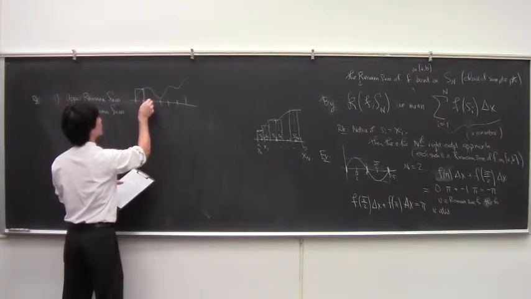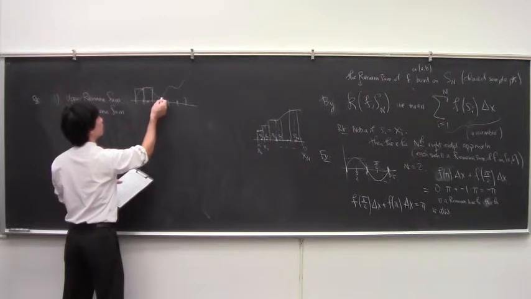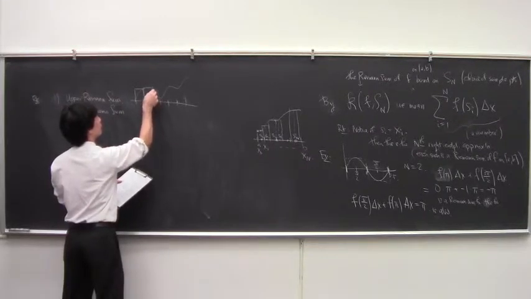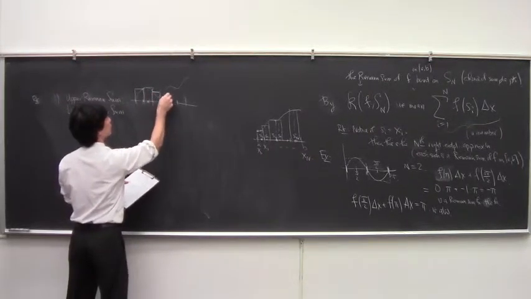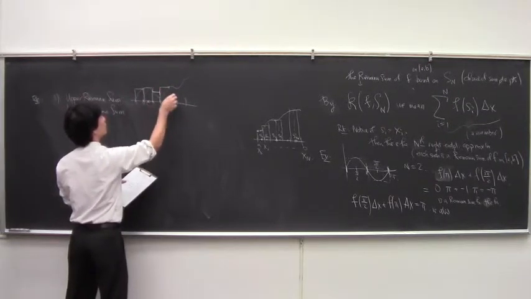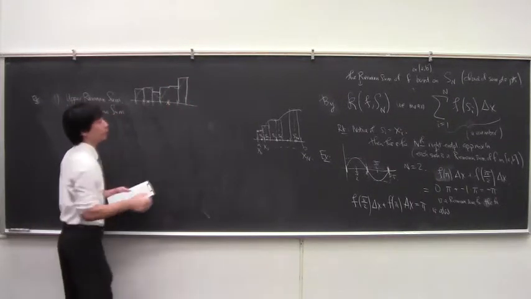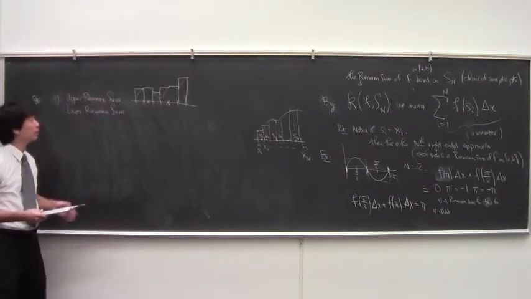So here's my first sample point, here's my second. In the third, clearly I'm going to take the left endpoint. In the fourth, clearly I'm going to take the right endpoint as my sample point. And that would be what's called an upper Riemann sum.